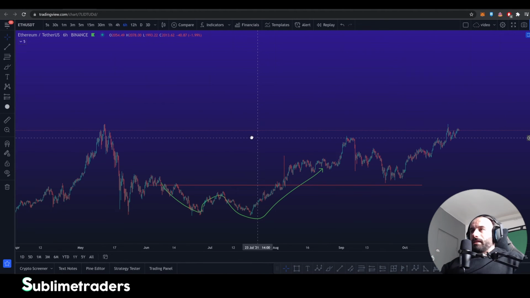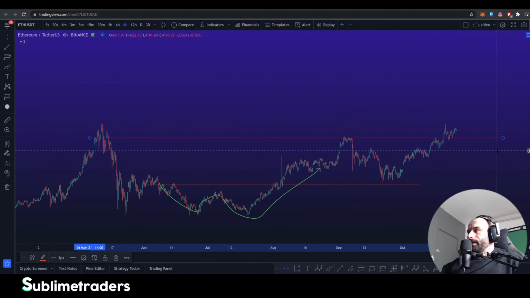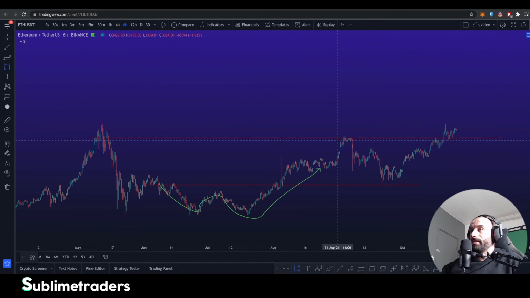I think I'm going to post a signal on ETH soon, and that signal will be based on this support area right here, flipped resistance that we have right here.